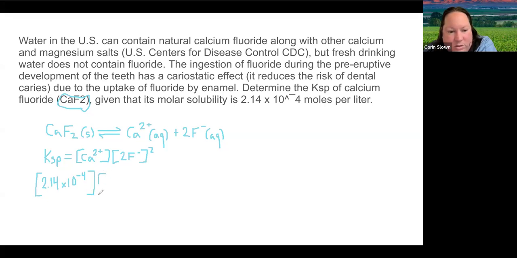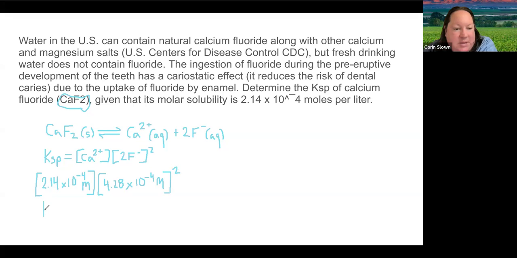And then we have to double that concentration, so it becomes 4.28 times 10 to the negative 4th. Ooh, and I should add molar here because it is concentration. The square brackets tell us that, but it's better just to be clear. And then that's going to be squared because we have to be attentive to the 1-to-2 ratio.